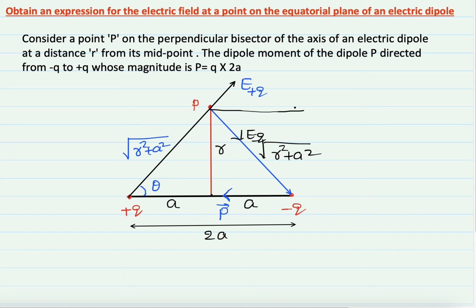So here it is E plus q cos theta, and vertically upwards E plus q sin theta. At the same time, the electric field due to negative charge is also resolved into two components, E minus q cos theta, and vertically downwards E minus q sin theta.